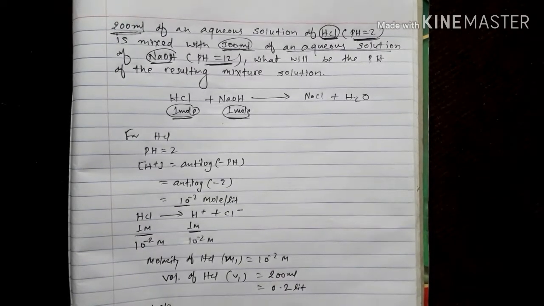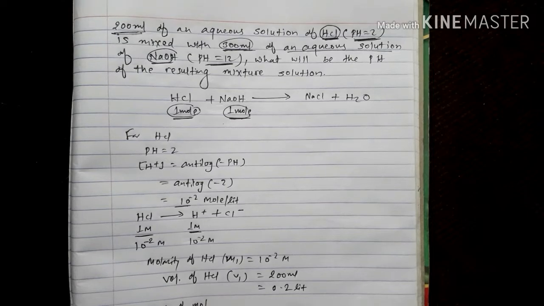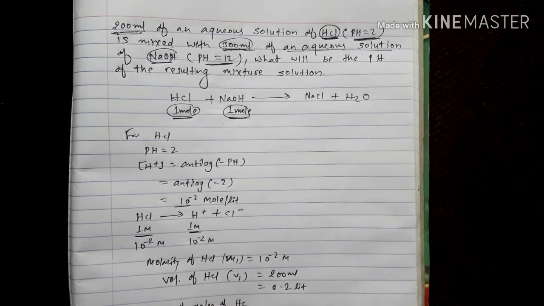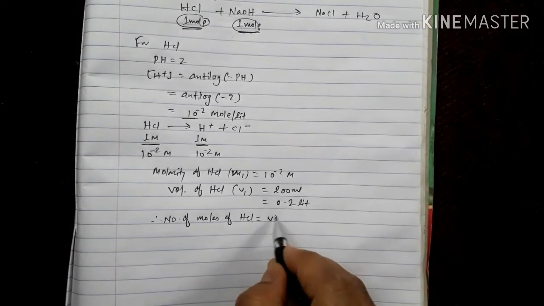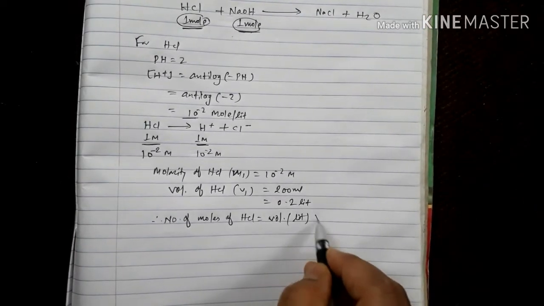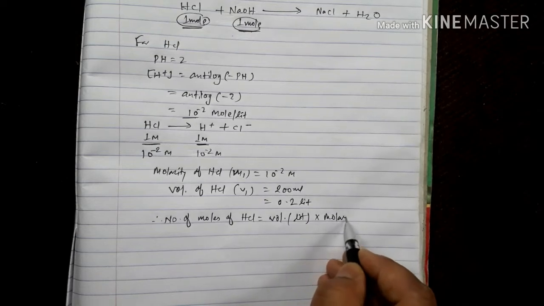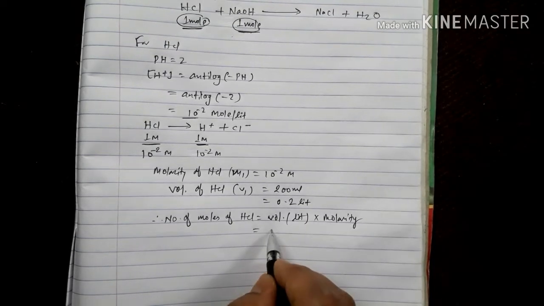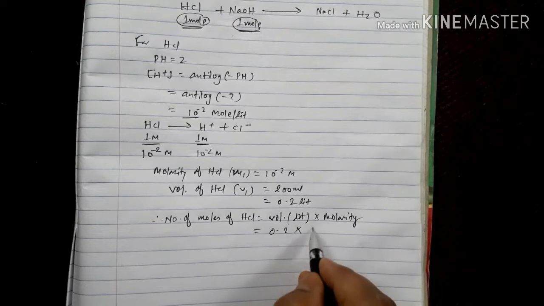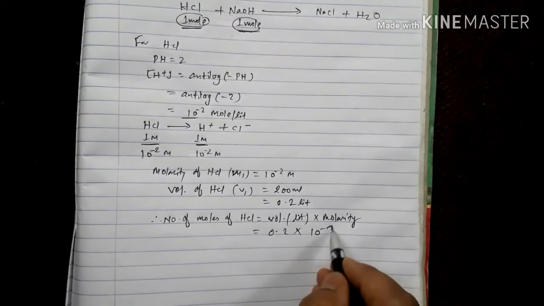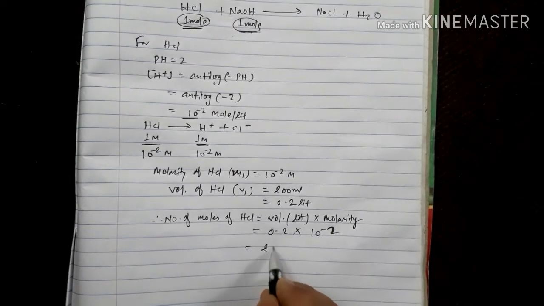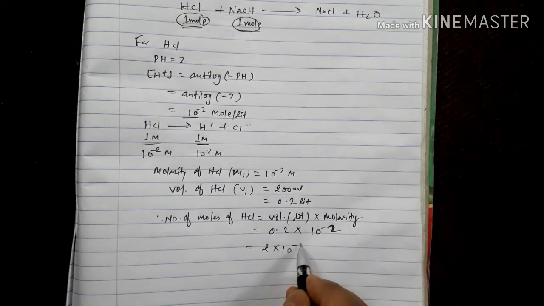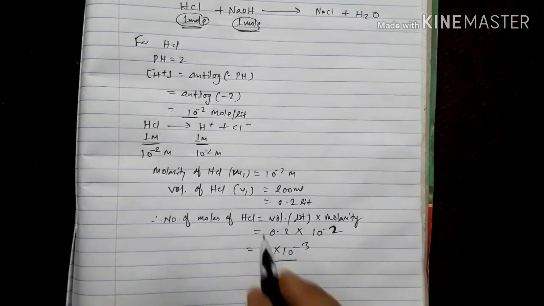Therefore, the number of moles of HCl is volume in liter into molarity. This is the formula to find the number of moles. Volume is 0.2, molarity is 10 to minus 2. The value will be 2 into 10 to minus 3 moles of HCl.